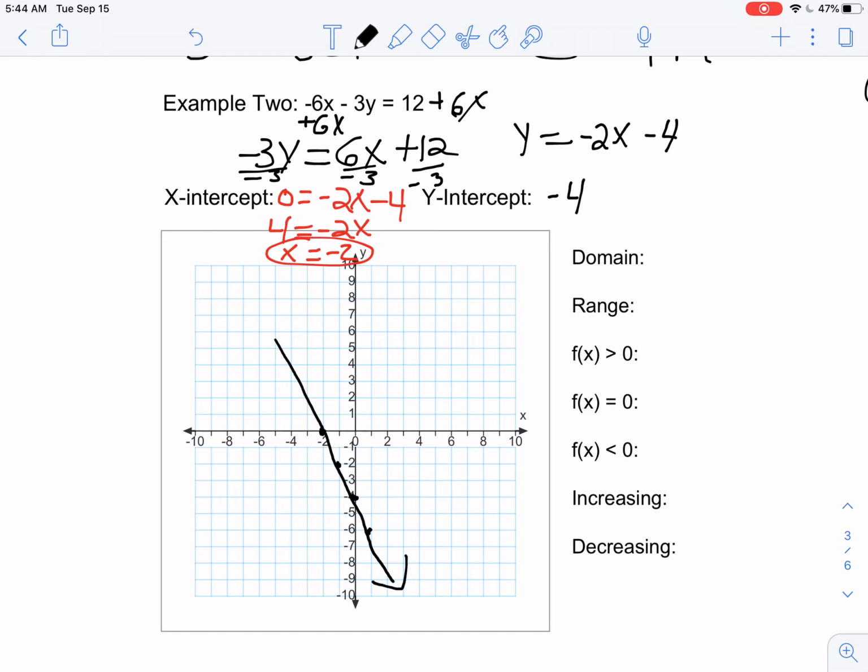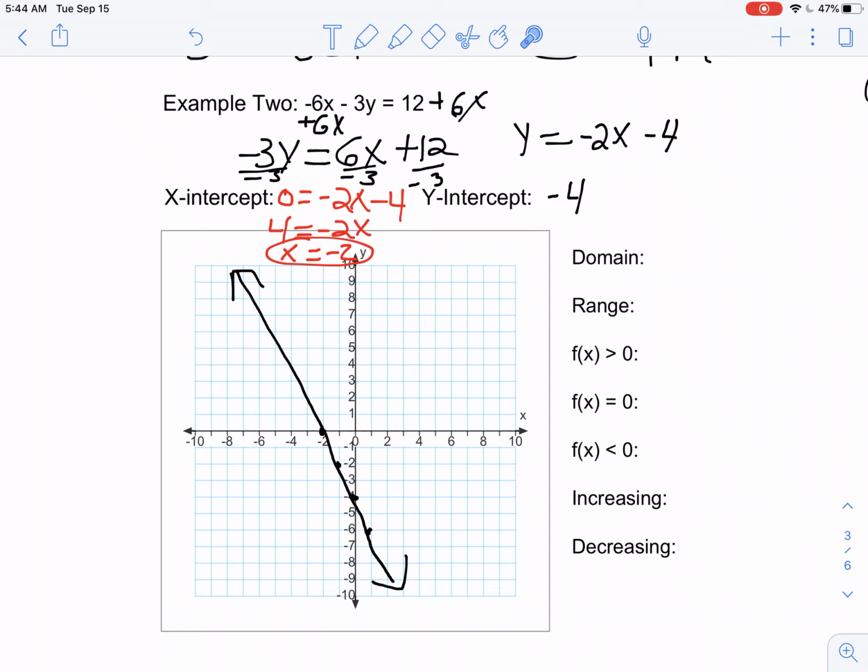I'm going to keep extending that up, just so it'll help us when we do the where is y greater than 0, etc. So we're going to do the domain. We know that domain is all possible values for x. So we know that this line is going to go on forever in both directions.